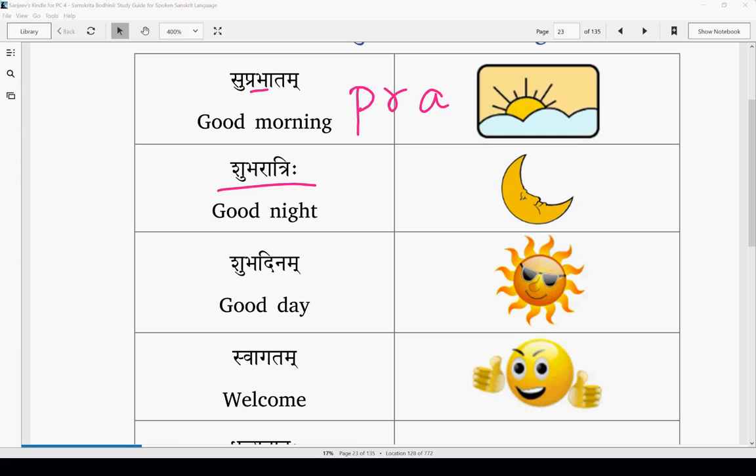Suprabhatam. The second word is Shubharatrihi. Shu, this is palatal. Shubharatrihi. This is tri with the visarga. Shubharatrihi. Thank you. Perfect. Thanks.